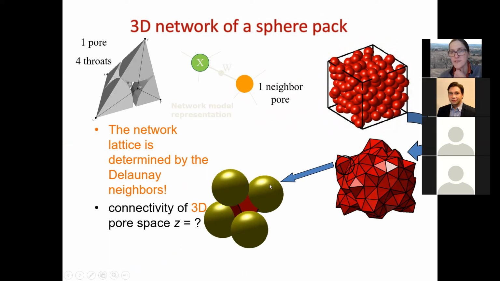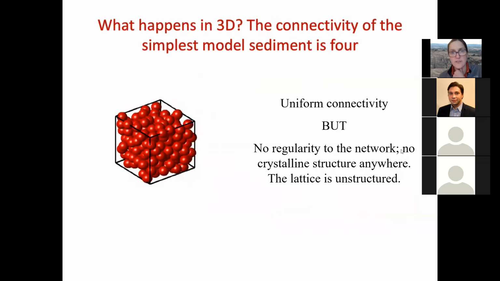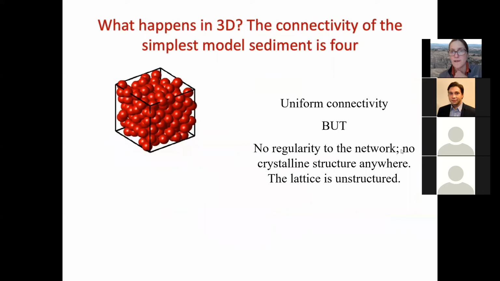If my tetrahedron has 4 sides, and each side is a throat. 4 connectivity? Yes, so my average connectivity is actually 4, which for sandstones works pretty well. So there is a uniform number of neighbors, which is 4, but the network itself is not structured.